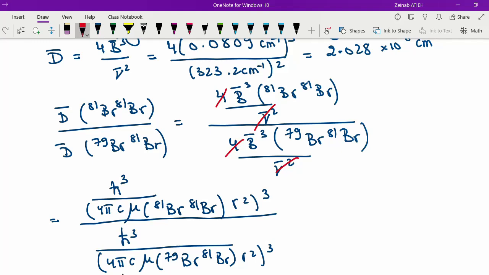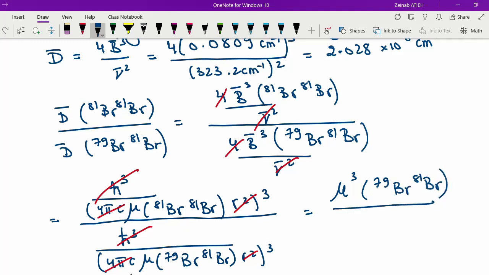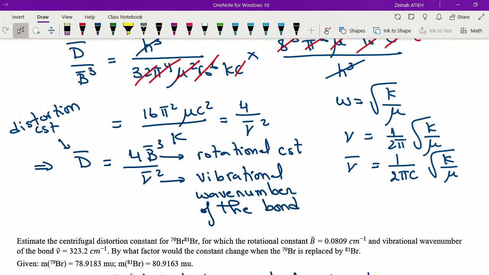So similarly, we will get rid of these constants. These constants are the same, R squared is the same, bond length, so we are left with mu cube for Br79 over mu cube for Br81.